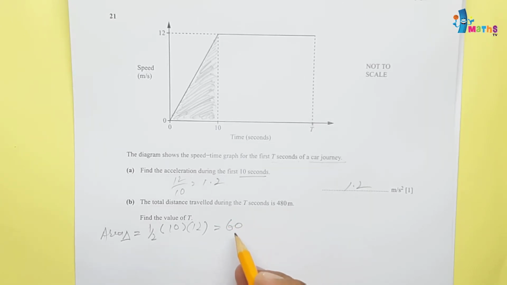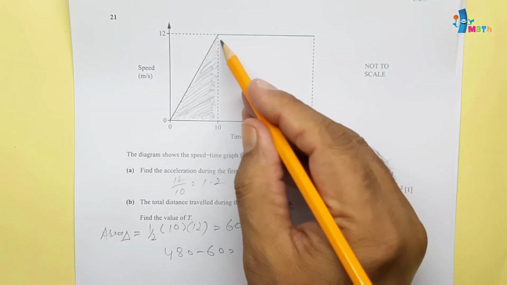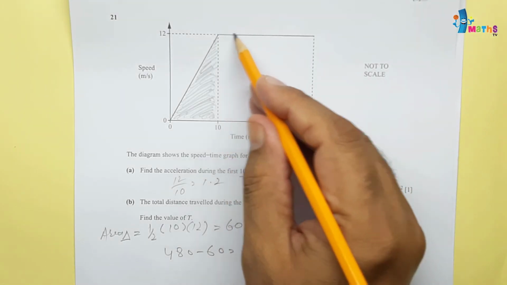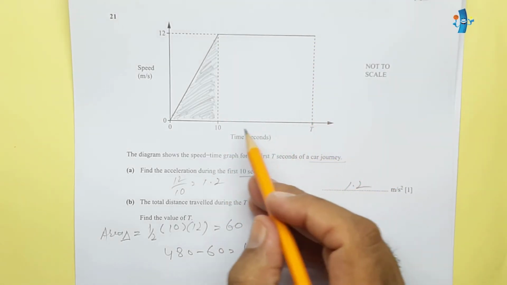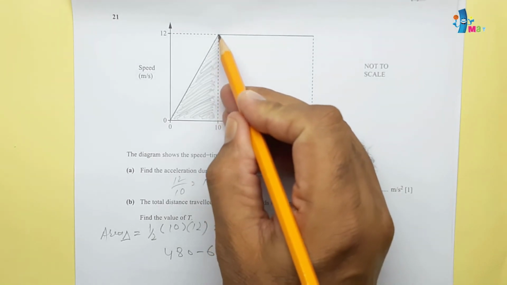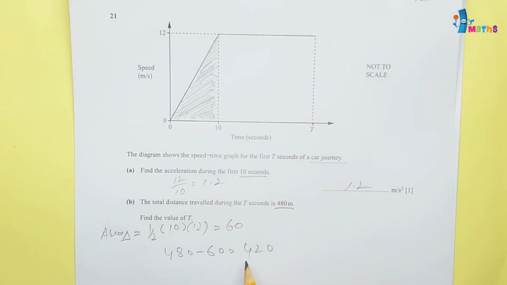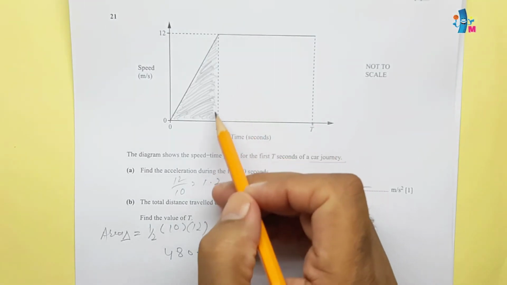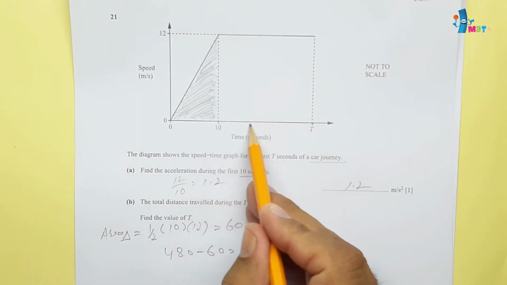The remaining will be what? The total is 480, so 480 minus 60 will be equal to 420. So 420 is the area of this rectangle. This side is 12, the height is 12, and we need to find this side.